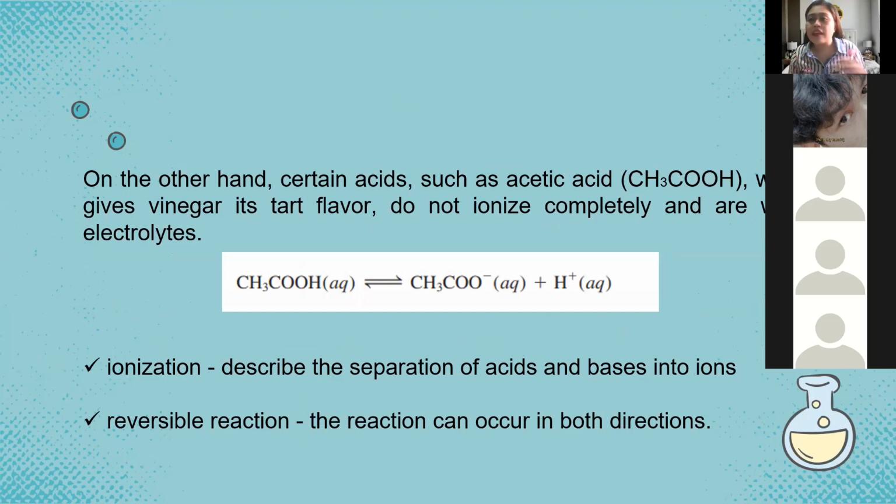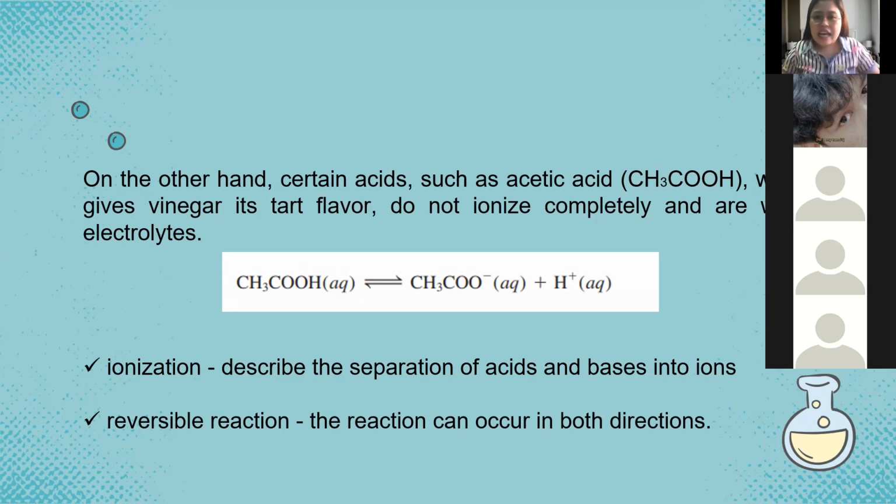CH3COOH. Again, we call that the acetic acid. To differentiate the two, most of our strong acids are inorganic acids, meaning they don't contain carbon in their structure. And most of our weak acids are organic acids, meaning they do contain carbon in their structure, just like the acetic acid. Acetic acid is CH3COOH, so organic acid siya.